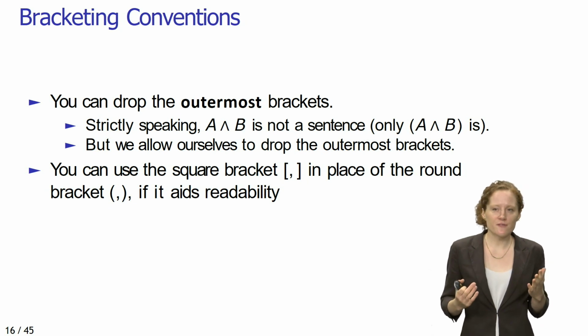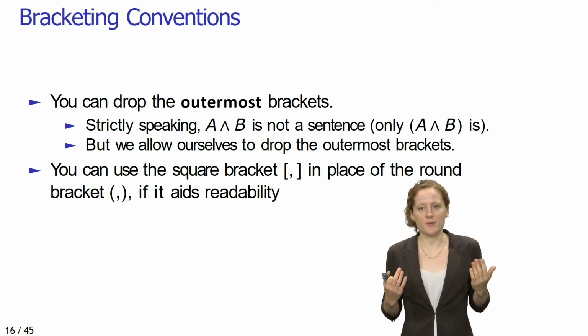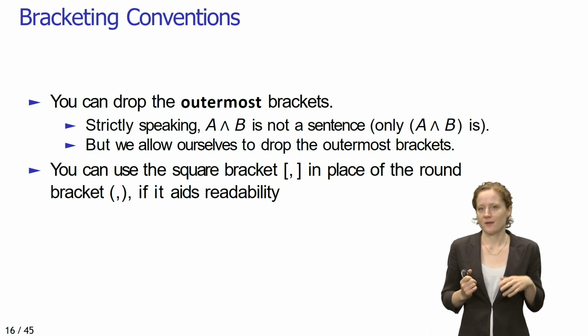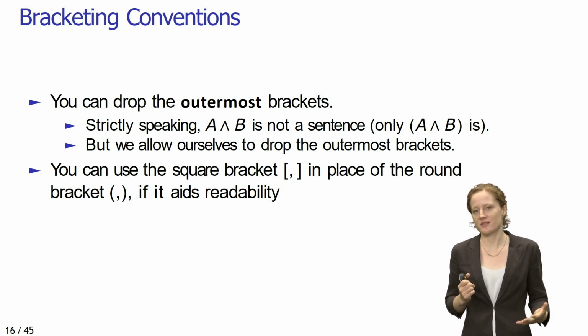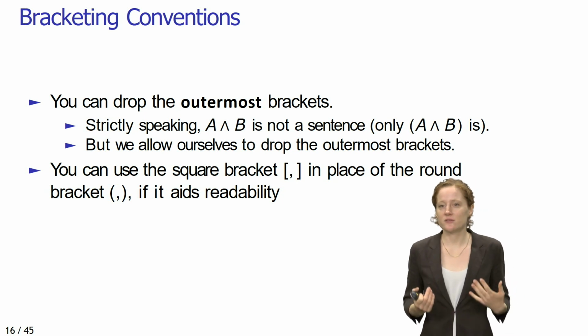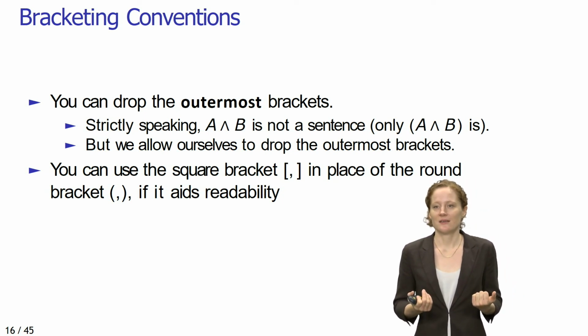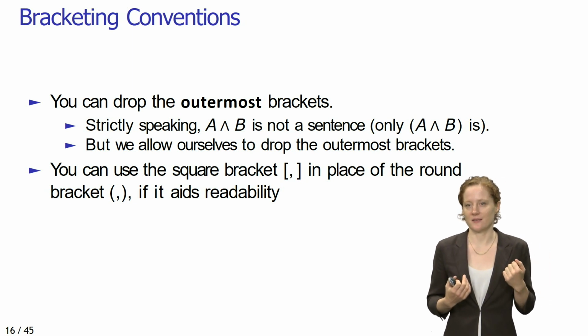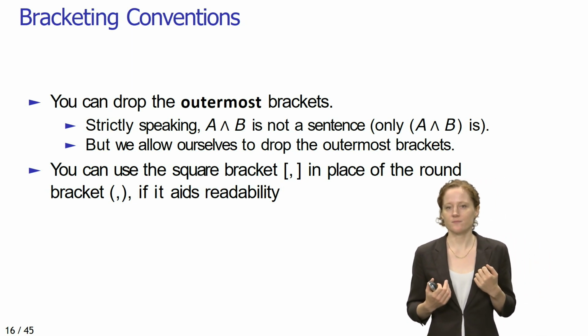But logicians often are just a tiny little bit sloppy, so they often drop the outermost brackets. And we will adopt this convention in this class. You can drop the outermost brackets, even though that, strictly speaking, goes against the TFL definition of a sentence.